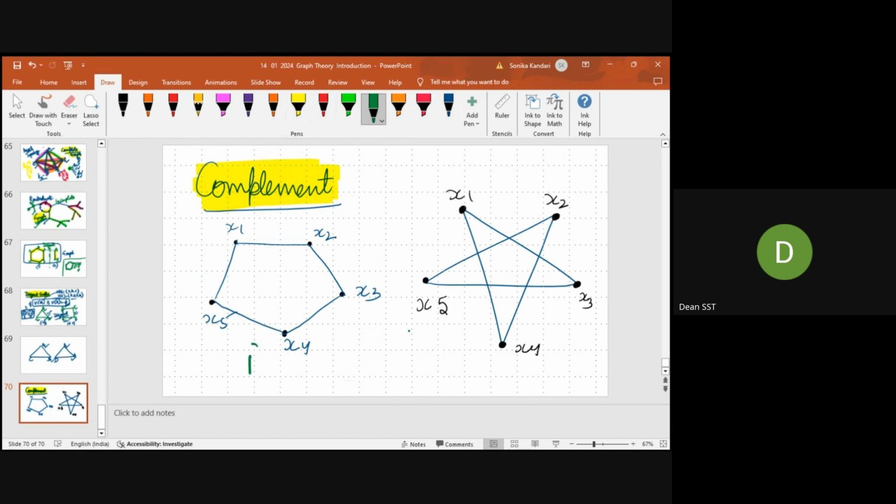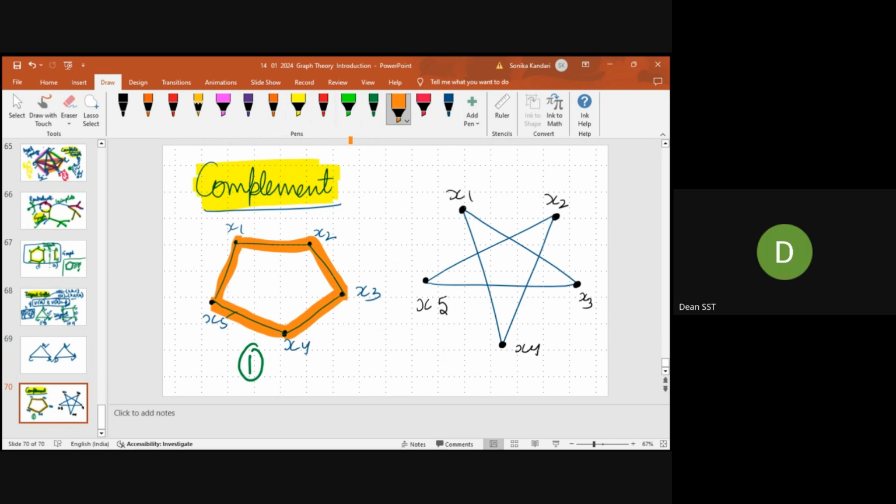See your graph number 1 on the left hand side. X1 is connected to X2. X2 is connected to X3, X3 to X4, and X4 to X5, and X5 to X1. So what will its complement be?